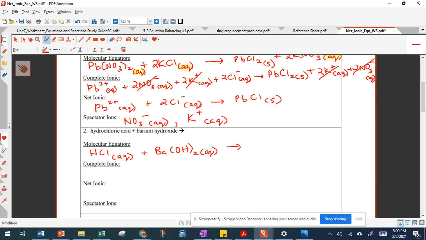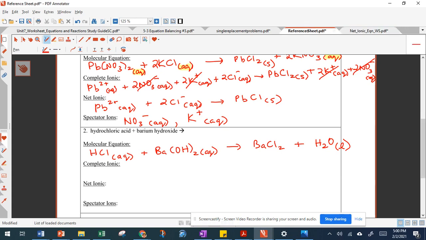So here, you actually form BaCl2, and you form HOH, which is water. This is H2O. Now, water will be liquid. We do not use our reference sheet to figure out water. Water is a covalent compound, it's liquid.